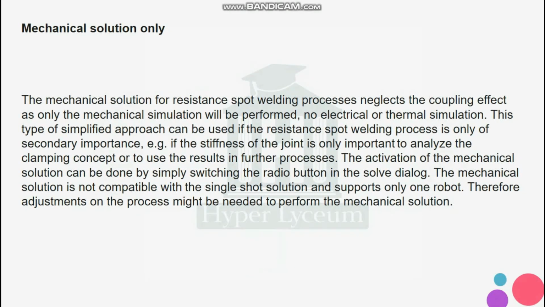This type of simplified approach can be used if the resistance spot welding process is only of secondary importance, if the stiffness of the joint is only important to analyze the clamping concept, or to use the result in a future process. The activation of mechanical solution can be done by simply switching the radio button in the solver dialog.